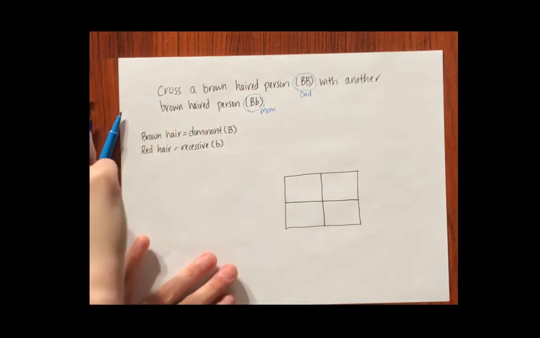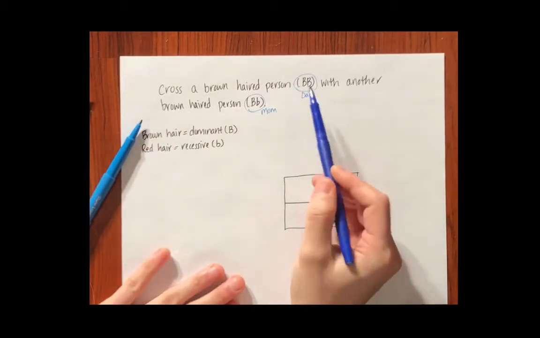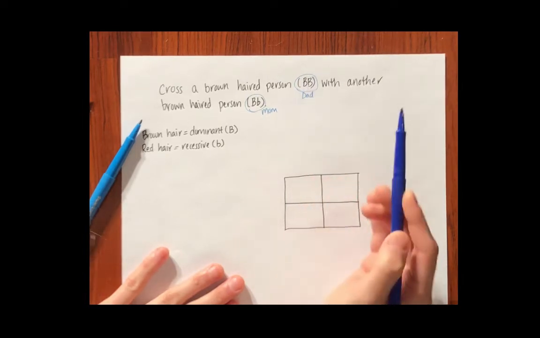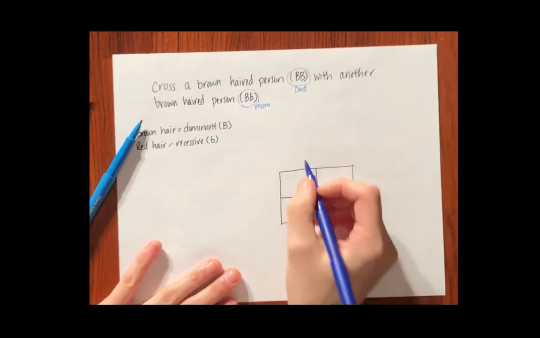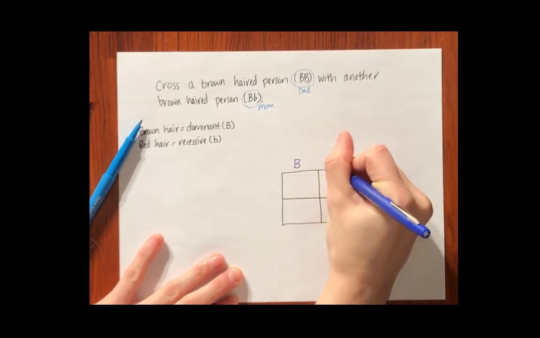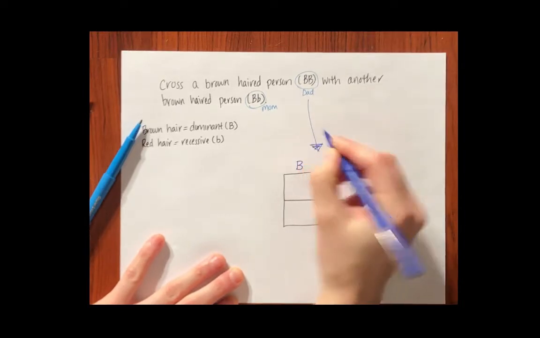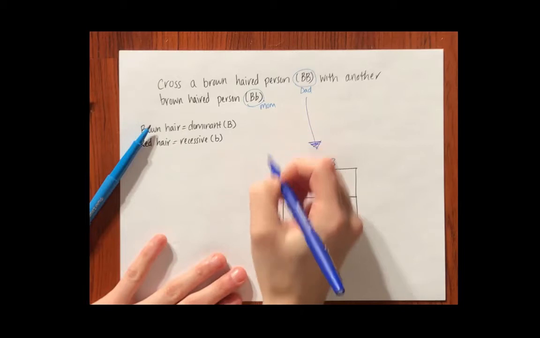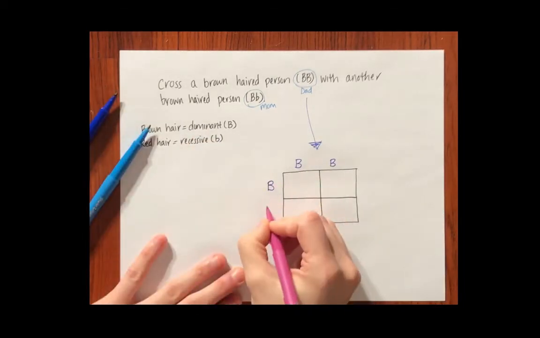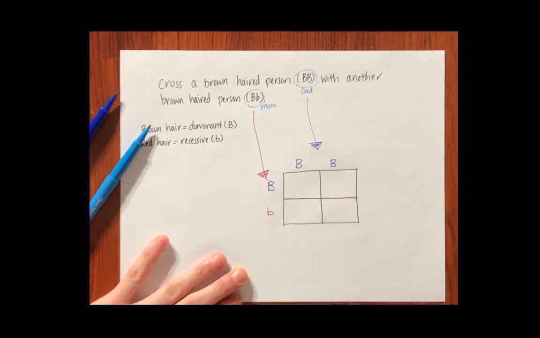The way you're going to want to set it up, it doesn't really matter which one you go across, but we know that the big B shows that it's a dominant trait, and the little b shows that it's recessive. So I'm going to write this one going across. Big B, so this represents the dad. And then big B and little b, and I'm color coding these so that you can see the difference, represent the mom.